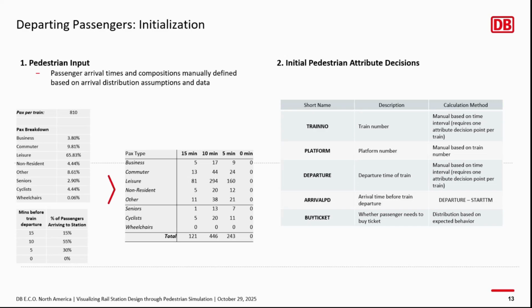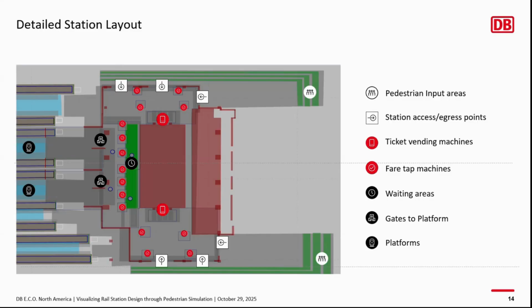So this is the layout of the station. On the exterior of the station, there are 2 sets of pedestrian input areas, and then there are 6 access and egress points into the station. In the station, there are two sets of ticket vending machines on the north and the south side of the station, and then throughout the station, there are 15 ticket validator machines.